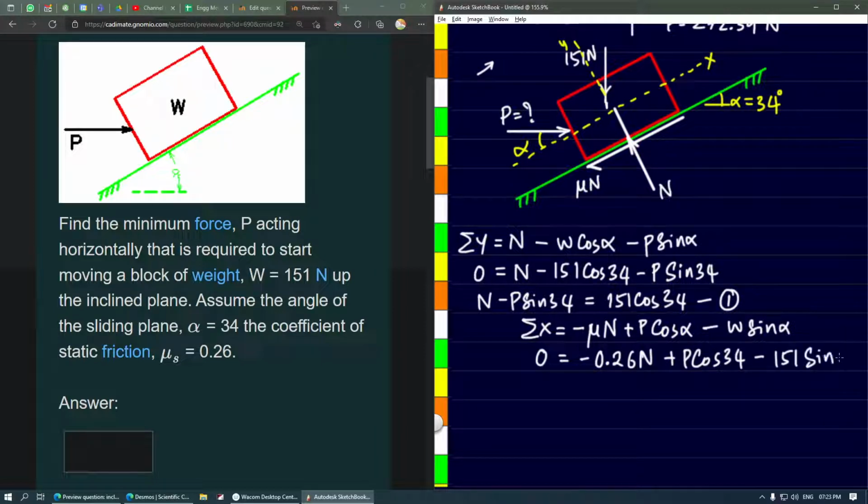Sine of angle alpha is also given, that is 34. Let's again send the constant value to the other side and bring it in standard form here. So minus 0.26 times N plus P cos 34. This negative term on the other side becomes positive. So 151 sine 34 degrees. So this becomes our equation number 2.